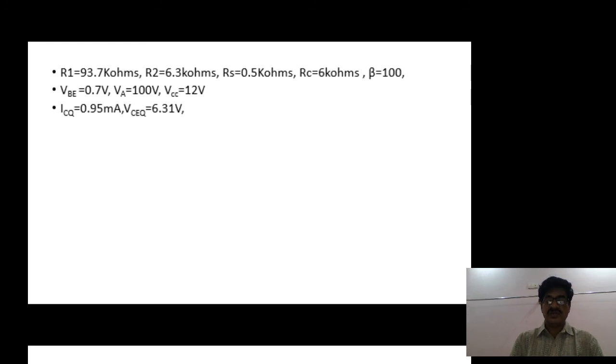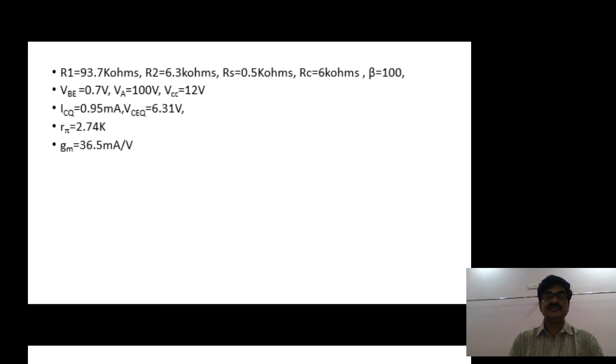Now it's time to calculate R pi, GM and small r naught. You know R pi is beta Vt by ICQ. Using that equation, you can calculate the R pi value. It comes as 2.74 kilo ohms.